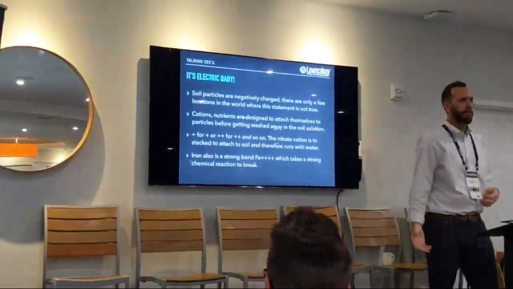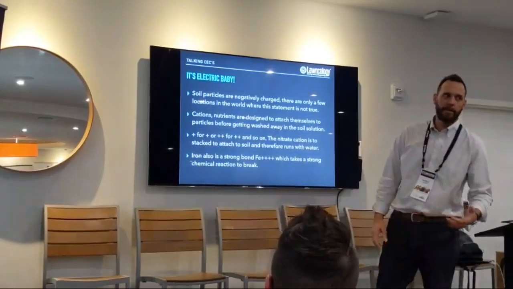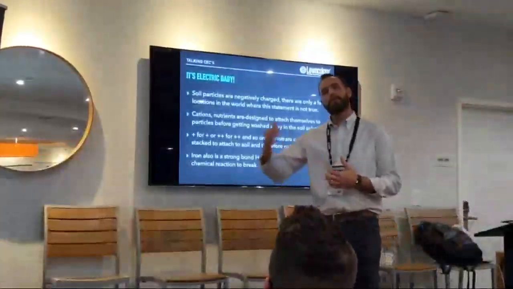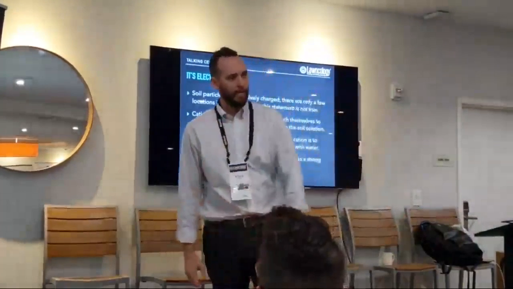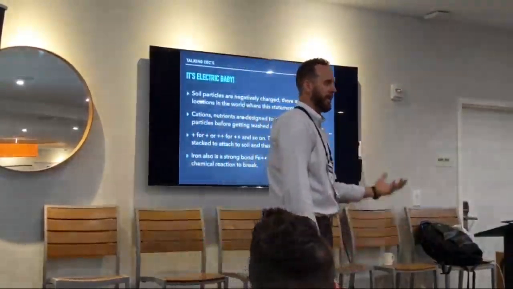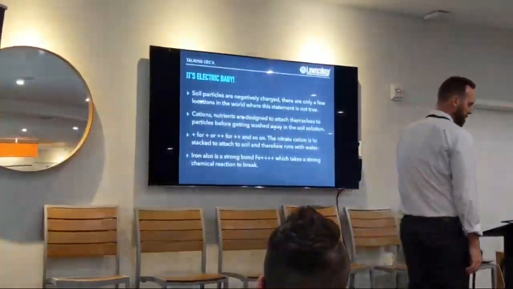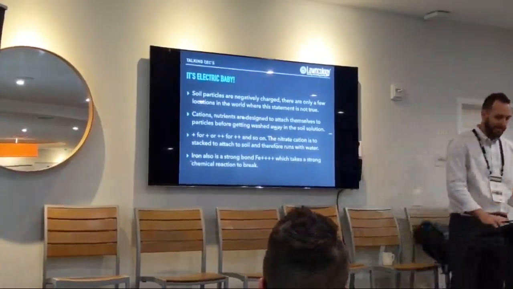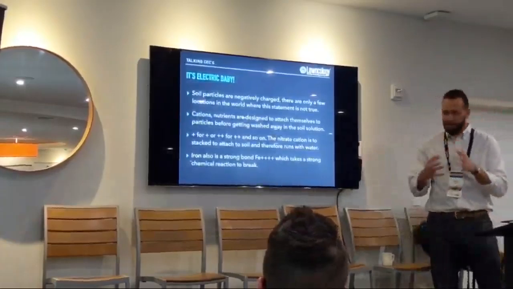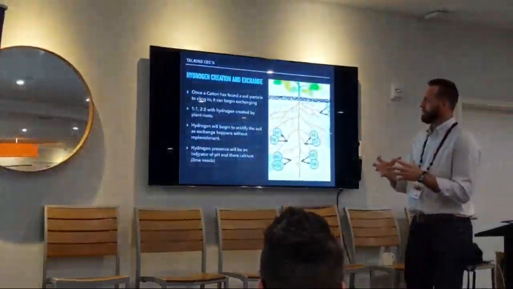Okay, so if I have a soil pH of like 5.8 and I'm trying to pound it with nitrogen, it's going to take so much more nitrogen to get the same effect as if I had just mildly buffered that up into a 6.5 so that I can actually get the use out of it. Okay, that makes sense? So pH and CEC, very closely related, and ECs, all of this stuff is very closely related when we're talking about the electricity here. Okay?